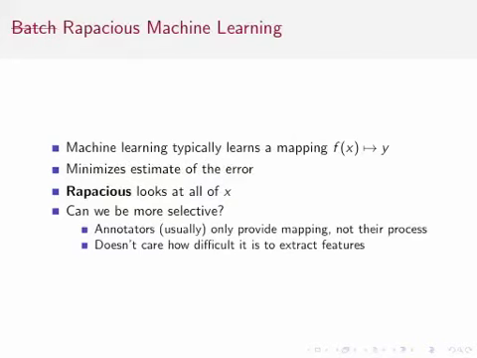So first, what typically happens in a machine learning problem is that you're trying to learn a function that maps x to y, and this function f looks at all of x. And if you think about it, this isn't what a human would do.